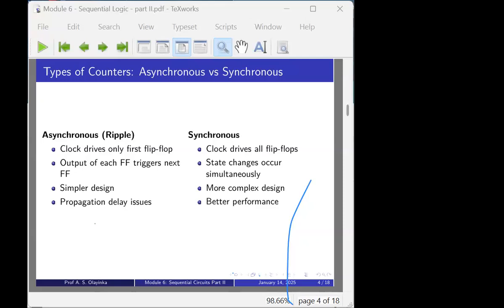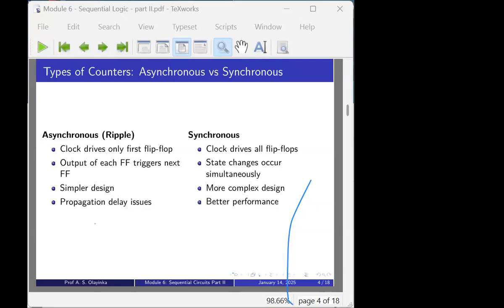This is compared to the synchronous one, where you have a clock that drives all the flip-flops at once. All the flip-flops are activated at once through the same clock signal, and so their states change simultaneously within the circuit. However, this one also comes with its own disadvantage.